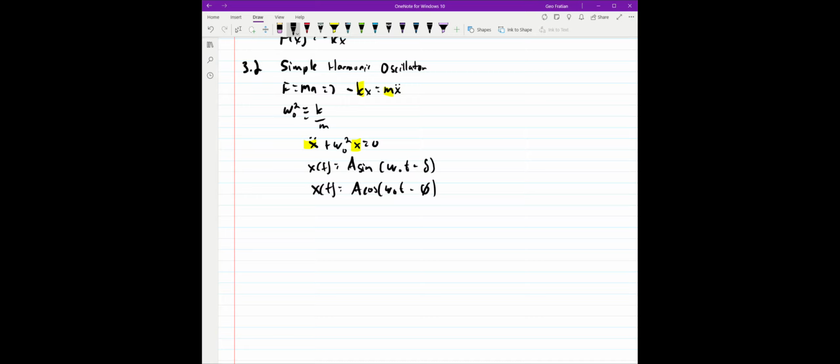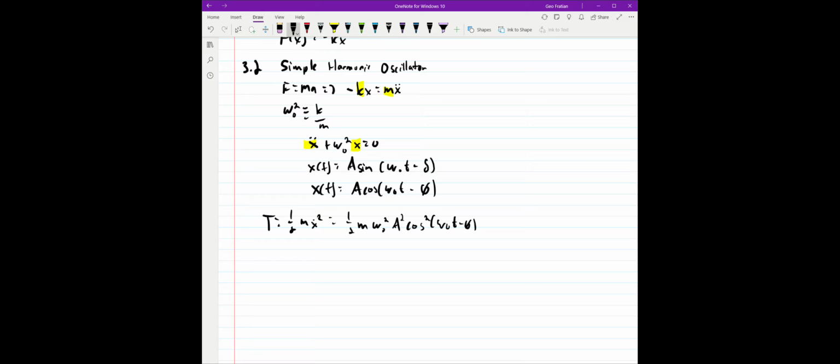But okay. So now we can talk about the kinetic energy for an oscillator, which is T is equal to 1/2 m x dot squared, which is equal to 1/2 m omega naught squared A squared, if we choose sine as our x of t, cosine squared of omega naught t minus phi.